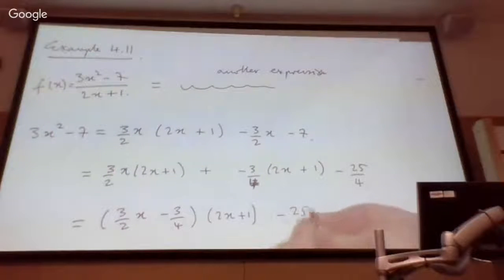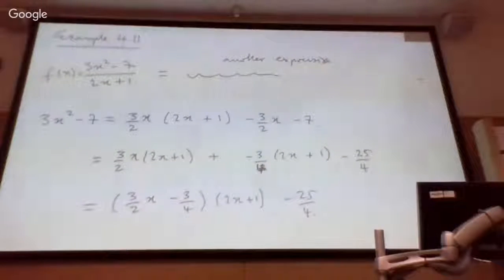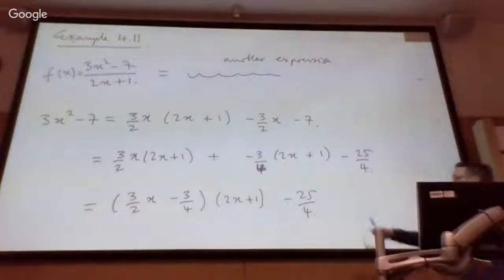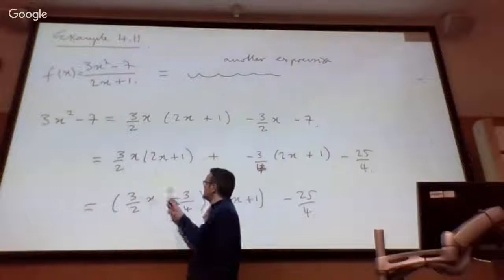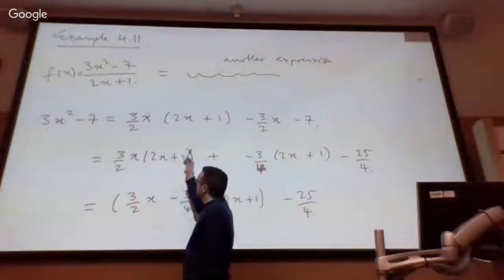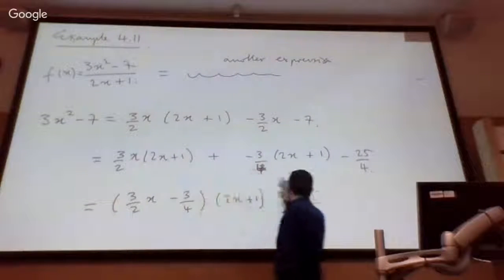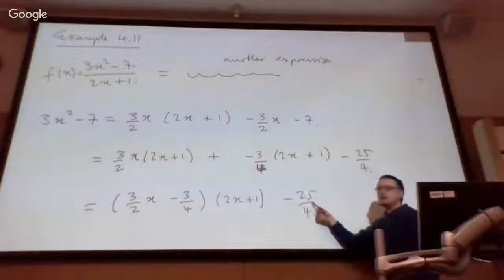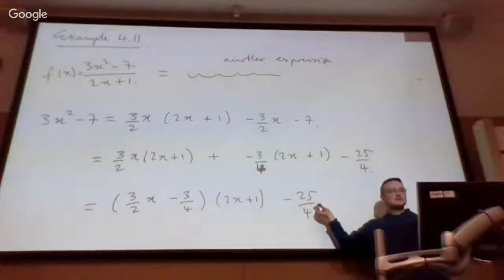And then we have this final remainder term, which is a constant, minus 25/4. Now, we won't try dividing that by 2x plus 1, because if you multiply by 2x plus 1, you're going to generate x parts. And here all we have is a constant. So we've got the smallest remainder possible.